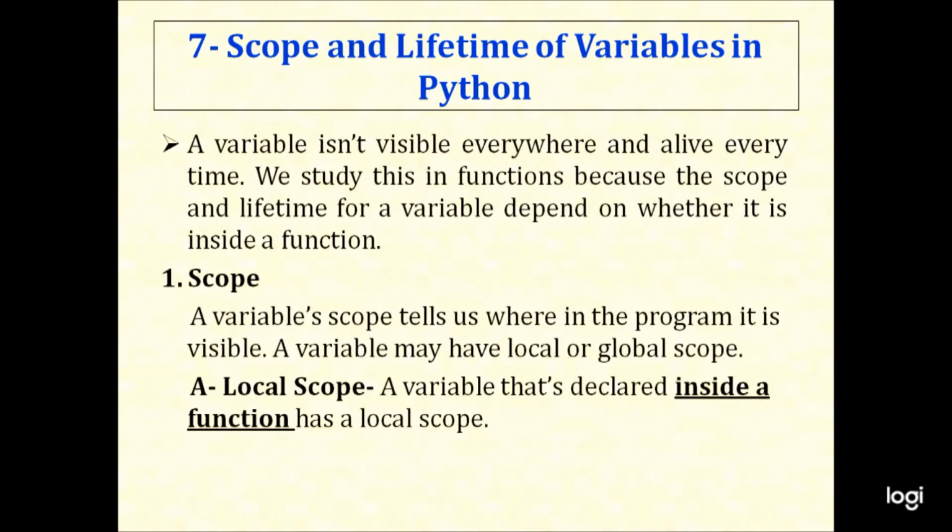If user is declaring the variable outside the function, so that variable can be used anywhere in the program, that will be called as a global variable. A variable scope tells us where in the program it is visible. A variable may have local or global scope, that depends upon whether it is declared inside the function or not.